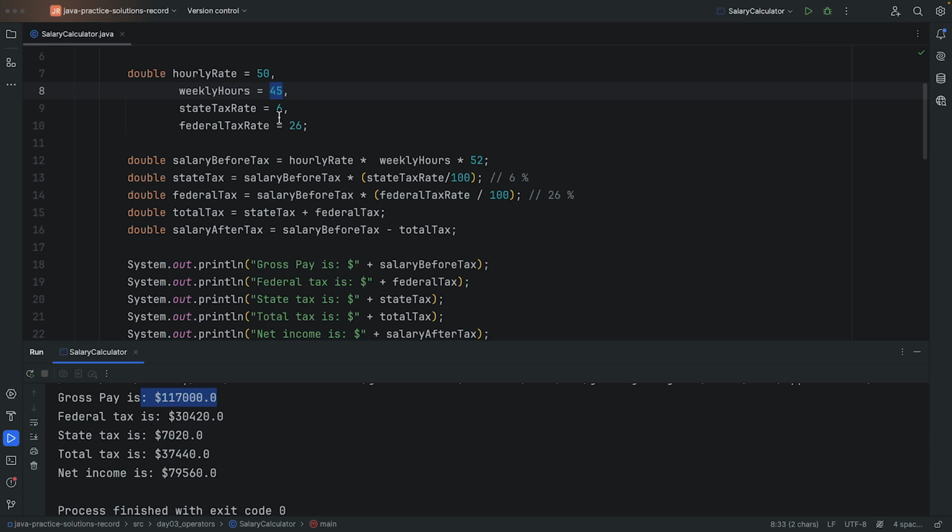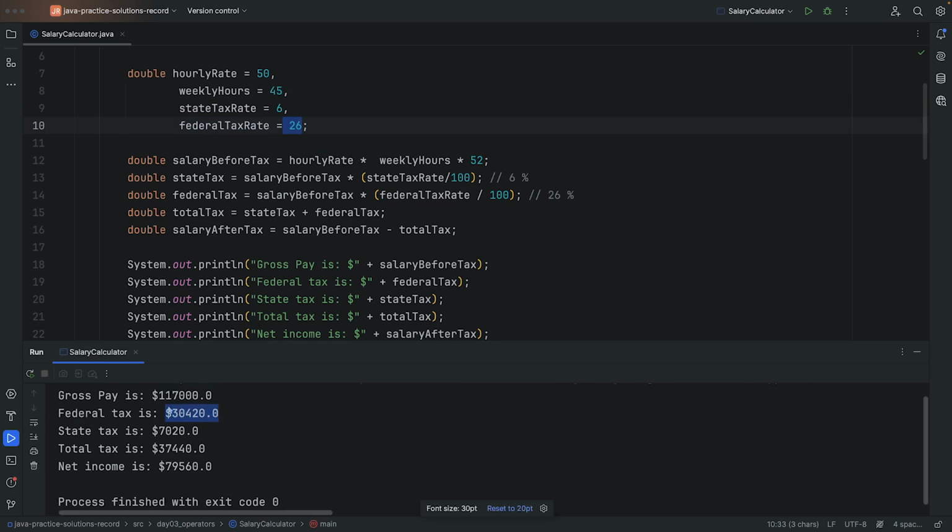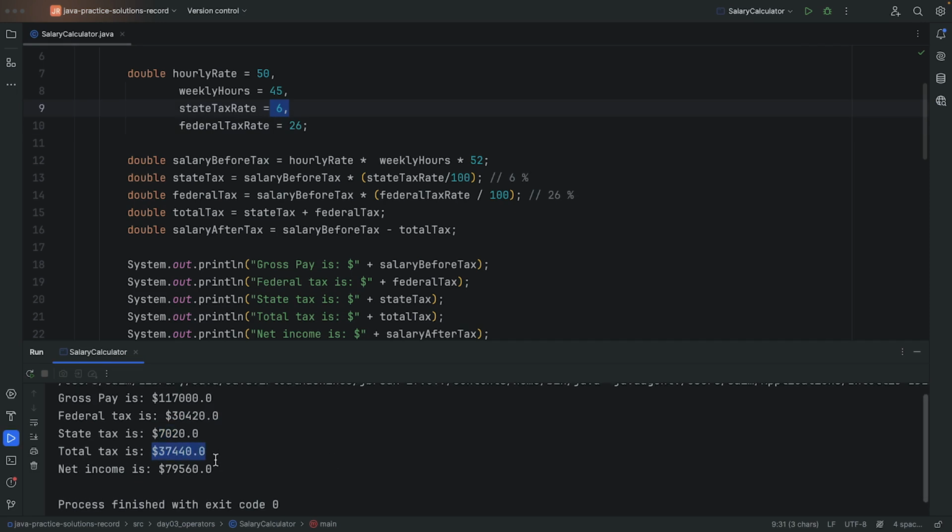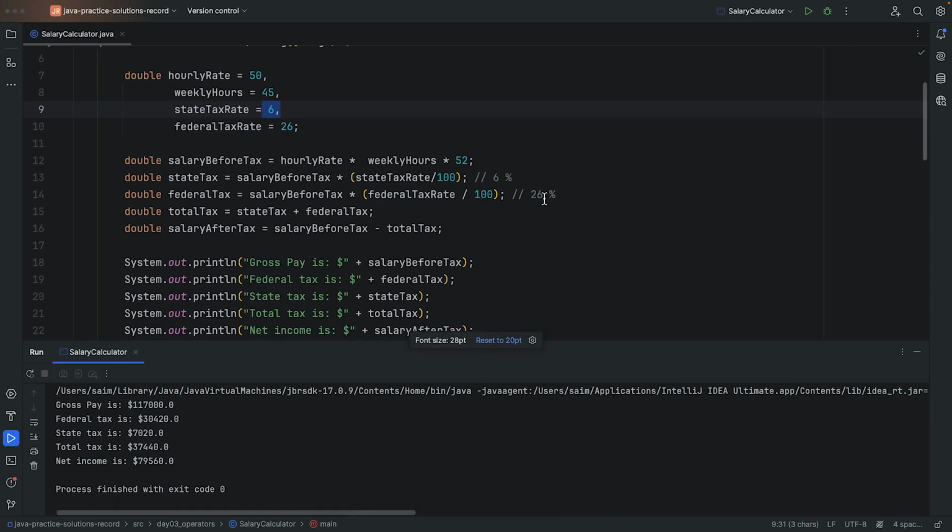From there, with the federal rate of 26%, I'm going to be paying like 30,000 in taxes. The state at 6% would only give 7,000 tax, and so total I'm paying $37,000 of taxes, quite a lot. But then the net pay would be almost 80,000 for the total year.